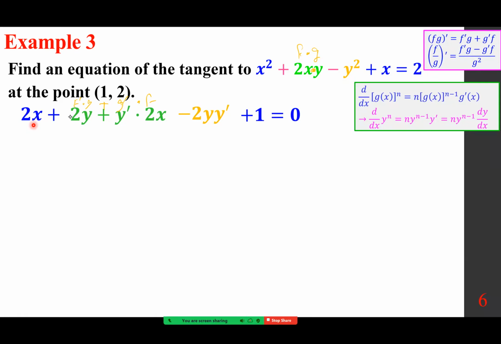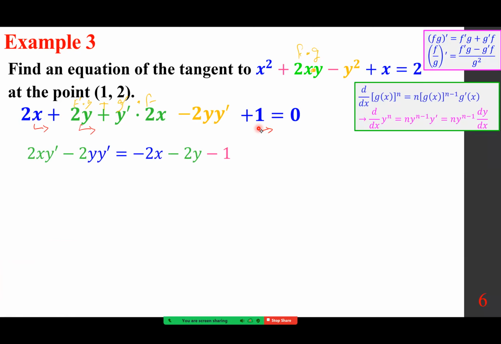So let's move the 2x to the right. Becomes negative 2x. Let's move 2y to the right. Becomes minus 2y. Let's move positive 1 to the right. Becomes negative 1.